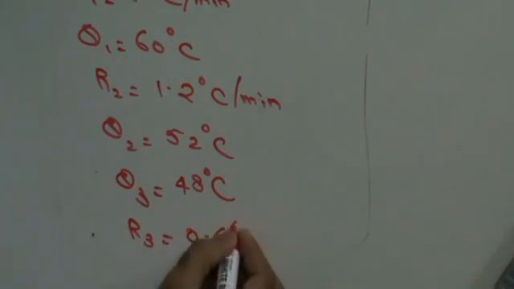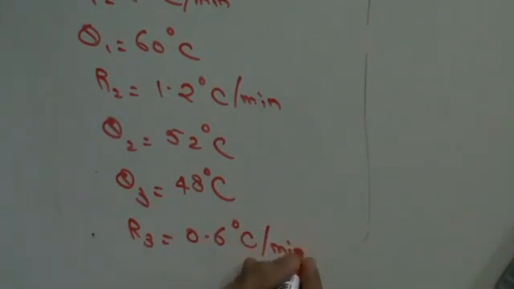Also find the temperature at which the rate of cooling is 0.6 degrees Celsius per minute.